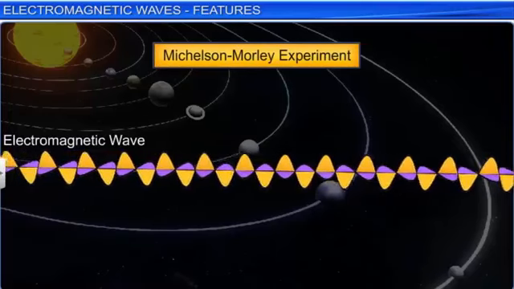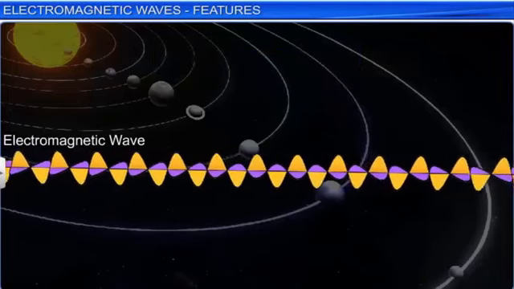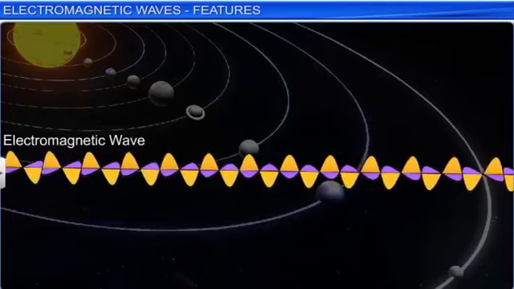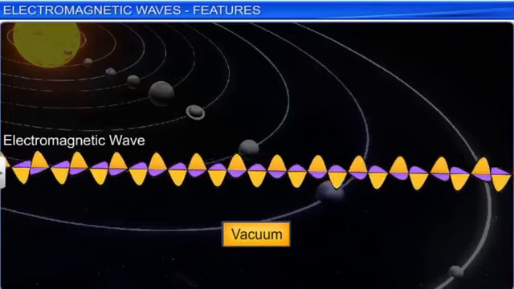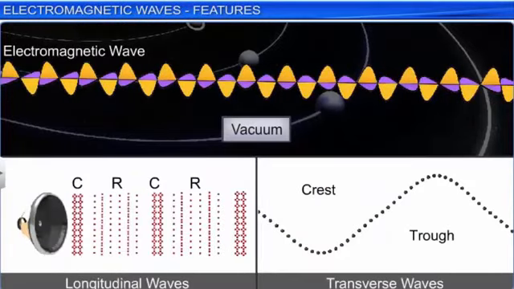Thus, the electric and magnetic fields of the electromagnetic wave oscillating in space with respect to time are self-sustaining. The electromagnetic waves are thus different from other waves, such as sound waves or water waves.